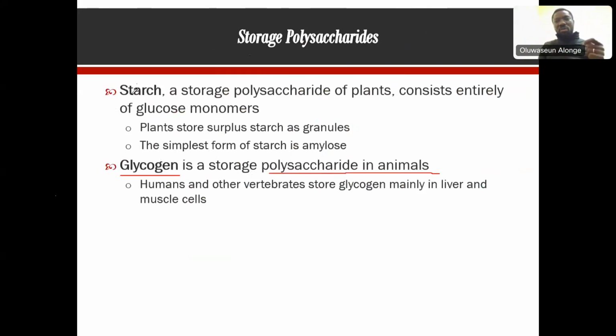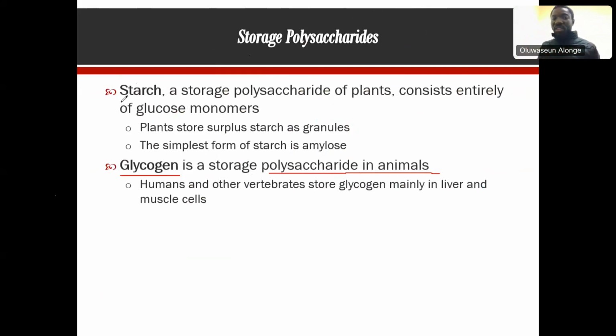So now, plants also have a way of storing glucose. As a matter of fact, that's why you are able to eat potato. That's how you're able to eat rice. That's why you're able to eat spaghetti. All of those foods are starch sources. All of those starch sources of food are simply produced from plants. How do plants store glucose?